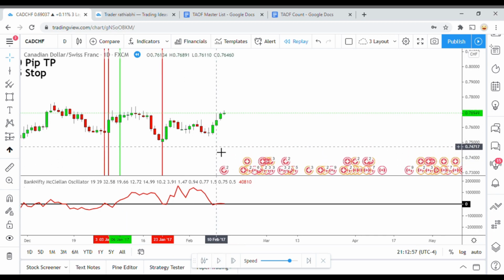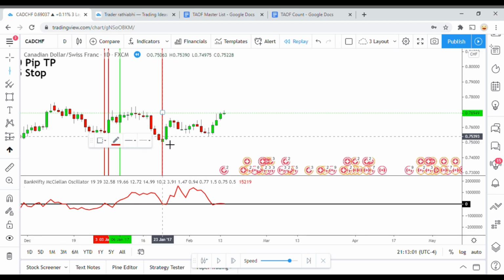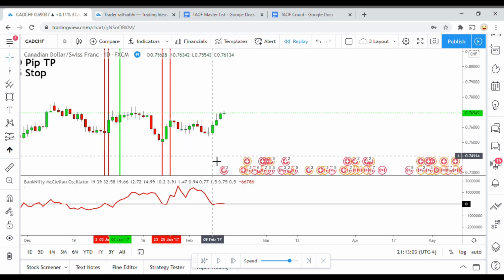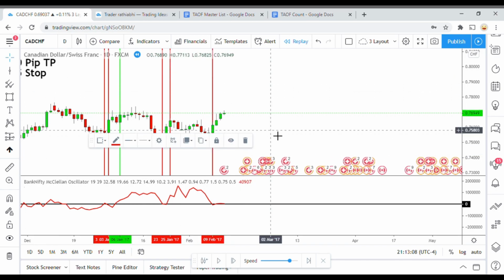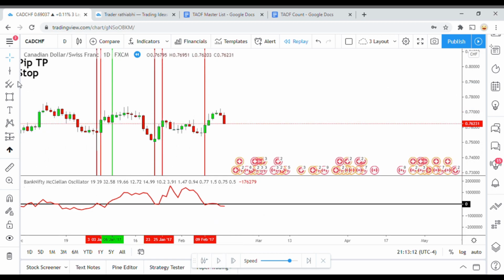Let's see what it does. So unfortunately that one did not work out either. Came down here, giving us a short, and then gave us a long. We're on the long right now. That didn't work.